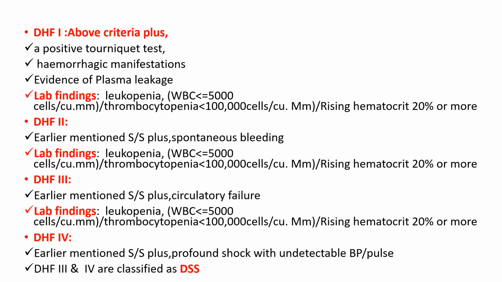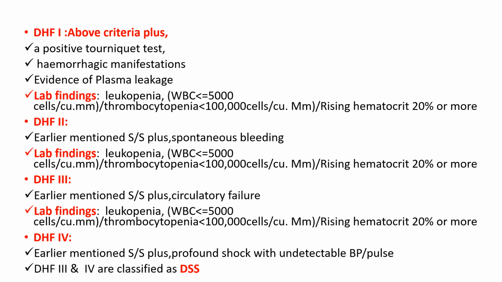But for convenience of management, the World Health Organization has recently reclassified dengue, and now what we follow is dengue fever and dengue hemorrhagic fever, and in dengue hemorrhagic fever there are 4 classifications: dengue hemorrhagic fever 1, 2, 3 and 4, and of these, dengue hemorrhagic fever 3 and 4 are labeled as dengue shock syndrome.